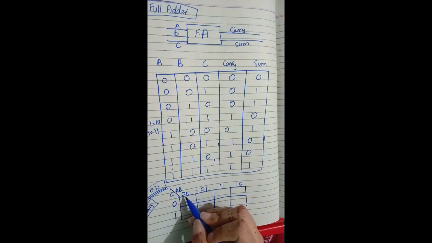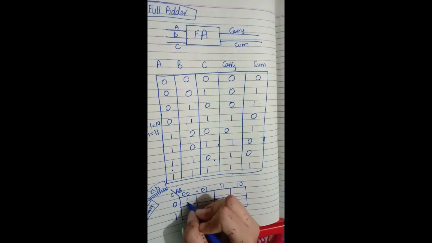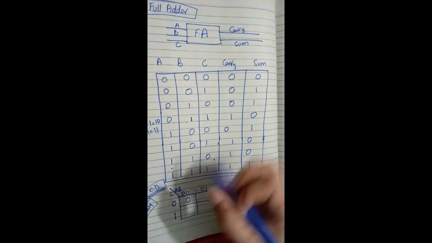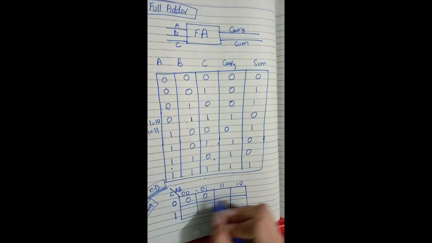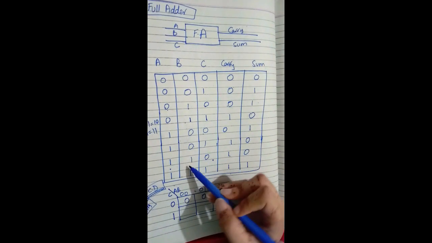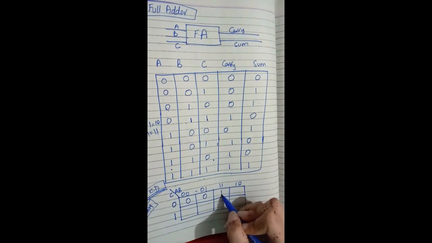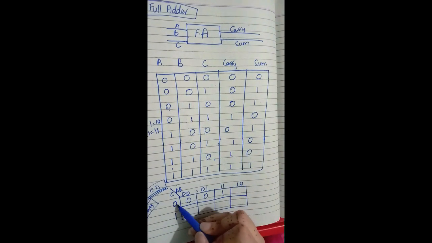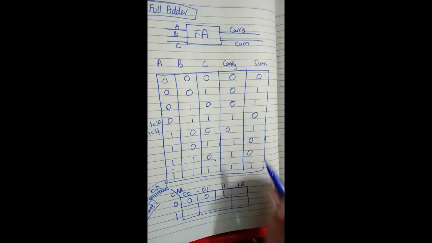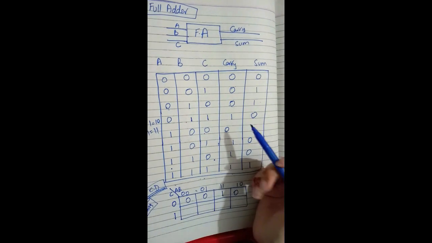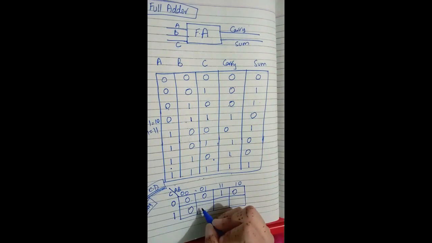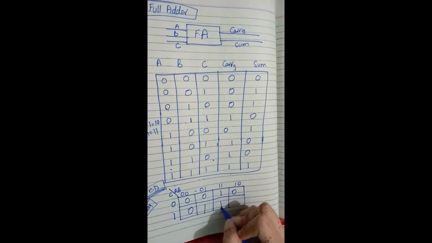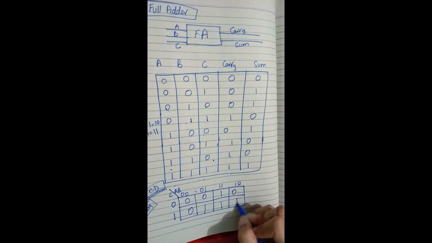When both A and B are 0 and C is also 0, carry is 0. For 0 1 0, carry is 0. Double 1 0, carry is 1. For 1 0 0, carry is 0, and for 0 0 1 we have 0, for 0 1 1 we have 1, for triple 1 we have 1, for 1 0 1 we have 1.